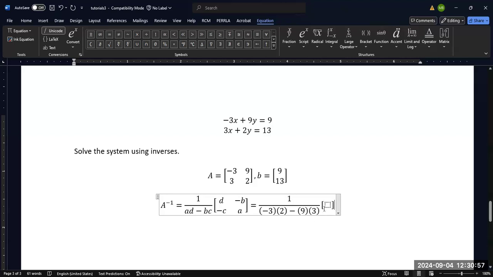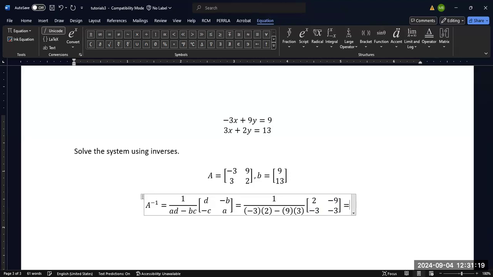And then our matrix will become, flipping the locations of A and D, this will become 2, and this will be -3. And then the signs here will flip to -9 and -3.